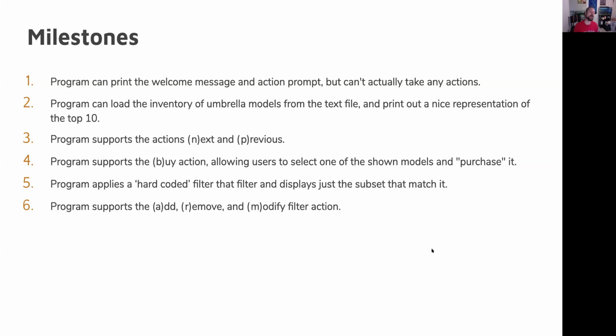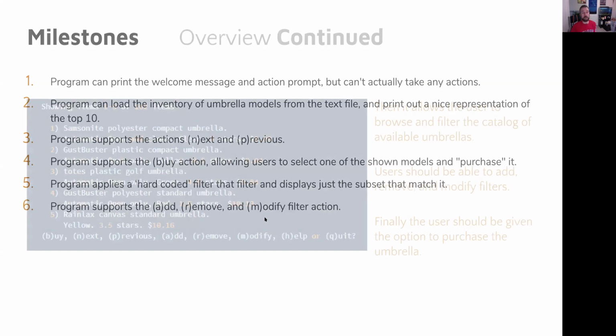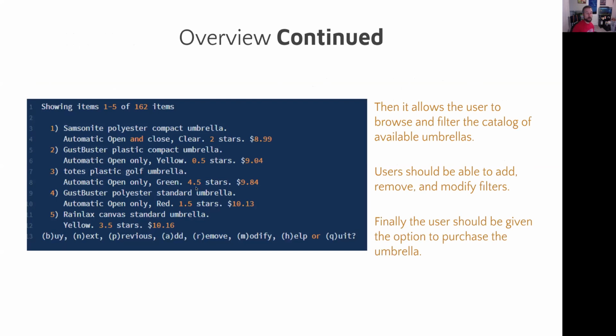Milestone number 5, the program applies what's called a hard-coded filter and then displays just the subset of umbrellas that match that filter. So that's where you are going to actually allow the user to specify a color, or going back for a second, a number of stars, a price range, maybe some sort of keyword in here, like it could be a brand like Samsonite Gusbuster Totes, automatic or manual open.